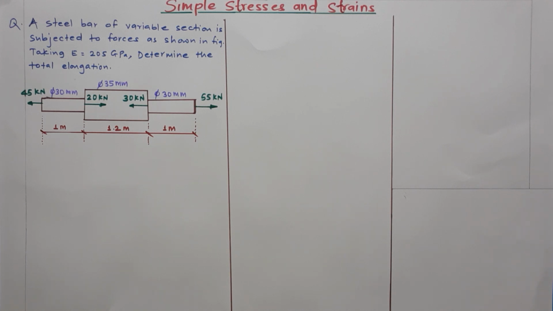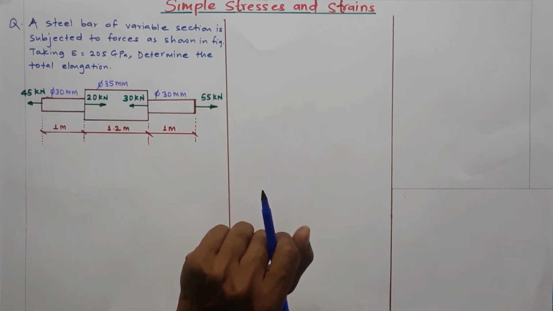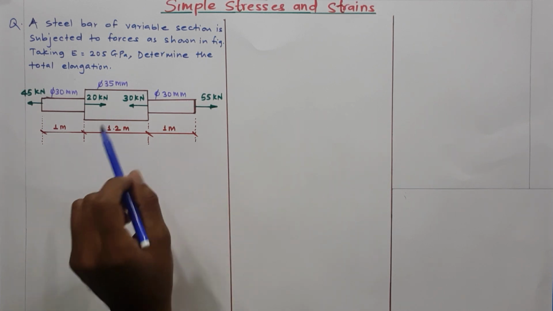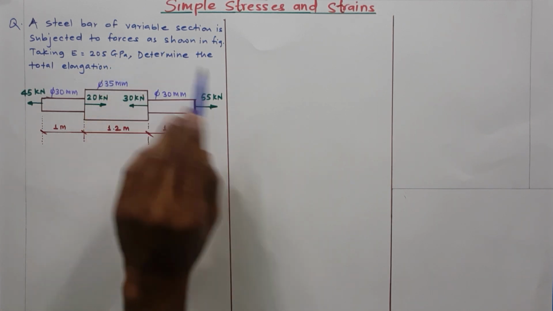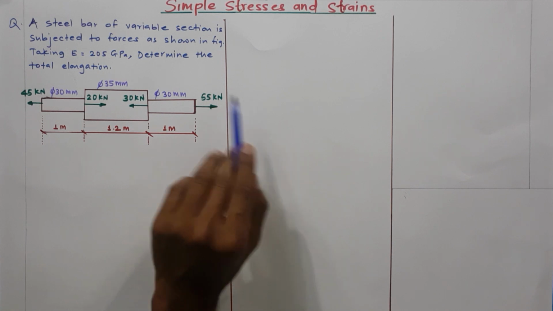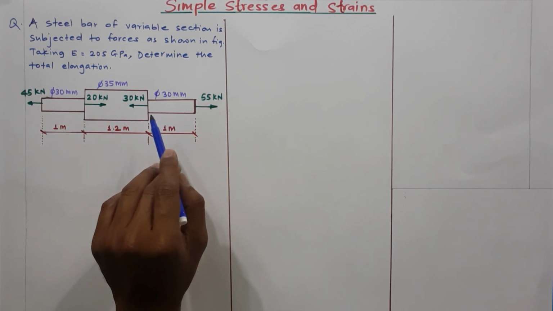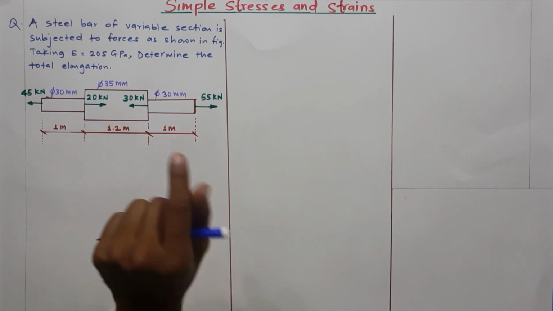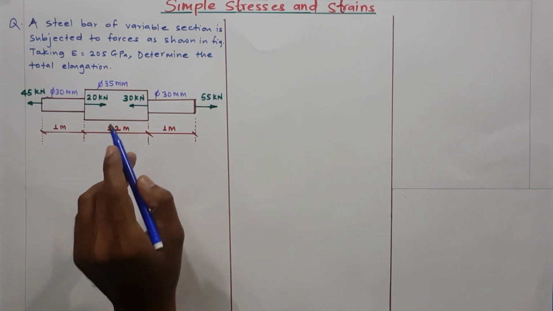Here is a numerical: a steel bar of variable section. A steel bar means the material is the same, it is homogeneous material. Its modulus of elasticity is 205 GPa, and that steel bar of varying cross section is subjected to forces as shown in the figure.